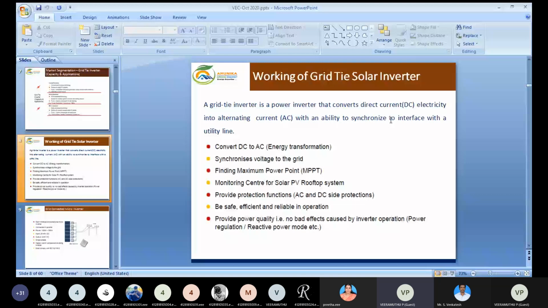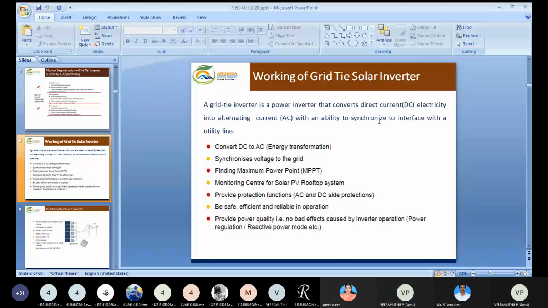If the voltage from the electricity is 430 volt, it gives 431 volt to the load, matching the output voltage with the grid signals. Next, it senses the voltage from the grid. If it is 435, the inverter output gives 436 volt to the load. So this is called synchronization. Synchronization means it senses the voltage, frequency, and phase sequence.